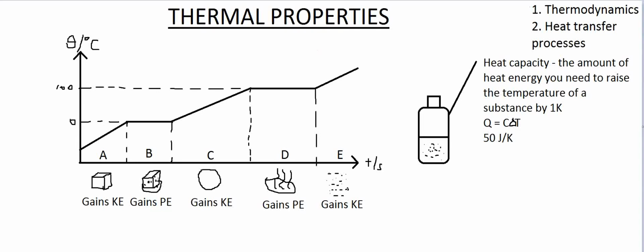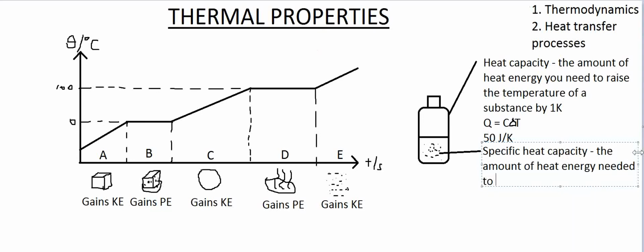Now I'll explain specific heat capacity. Specific heat capacity is the amount of heat energy needed to raise the temperature of a unit mass of a substance by 1 degree Celsius or Kelvin.